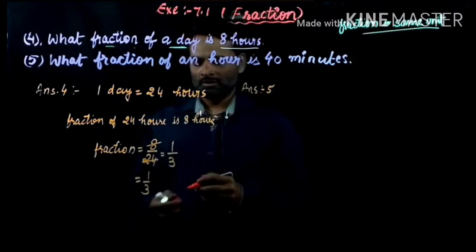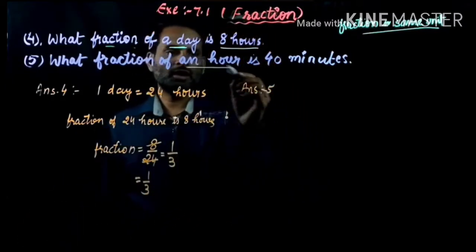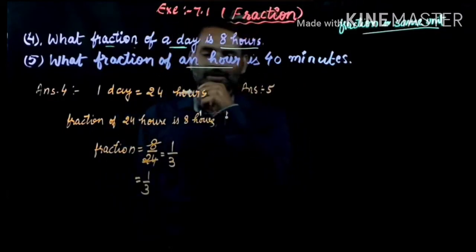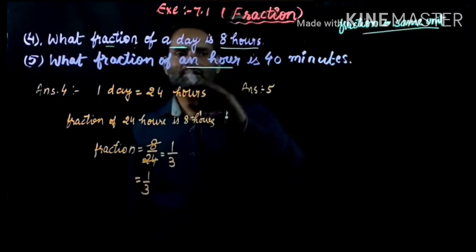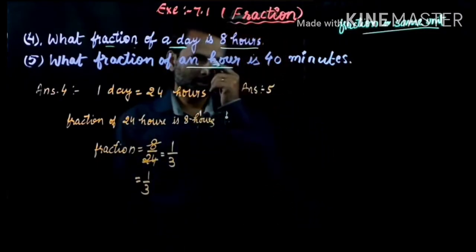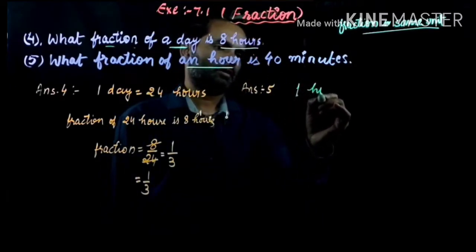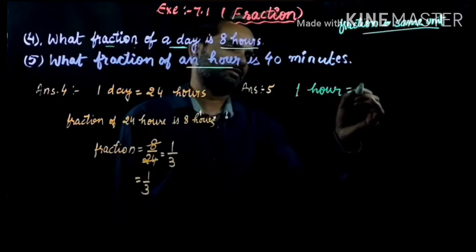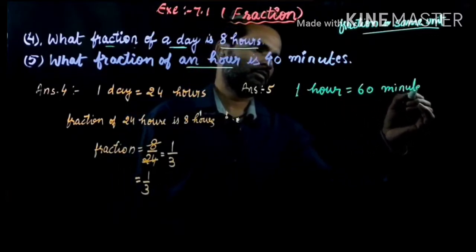Now the fifth question: what fraction of 1 hour is 40 minutes? Here we cannot directly write the fraction, because one quantity is in hours and the second is in minutes. So first you change 1 hour into minutes. 1 hour is equal to 60 minutes.